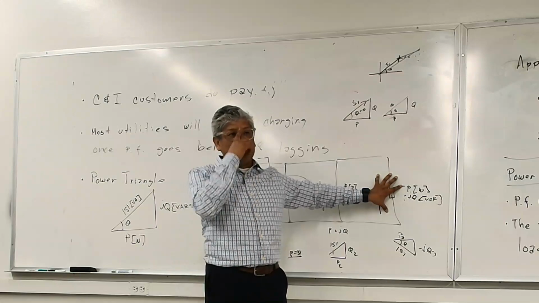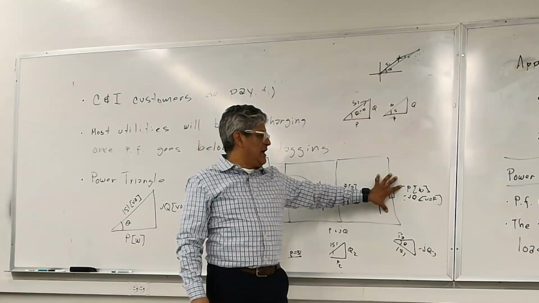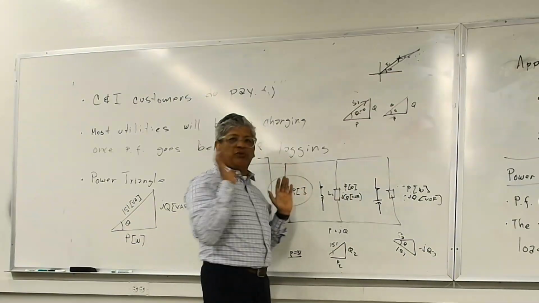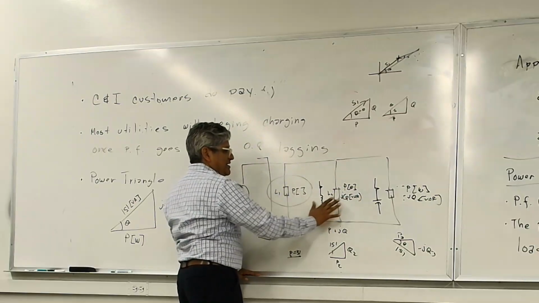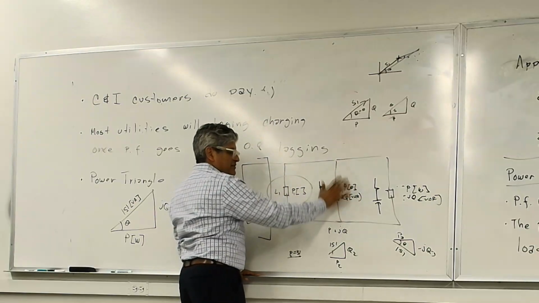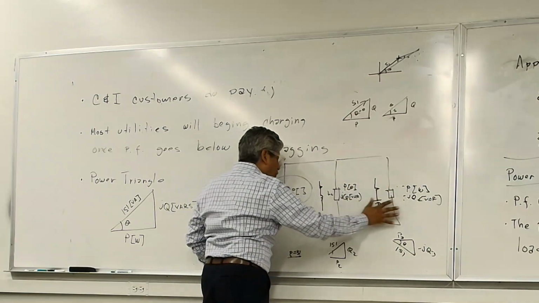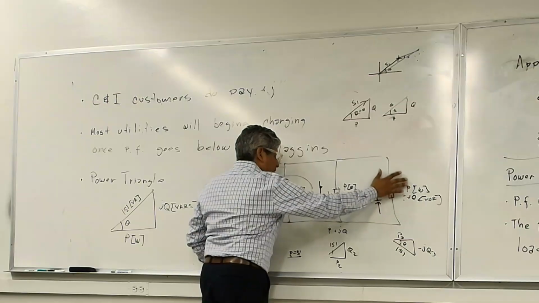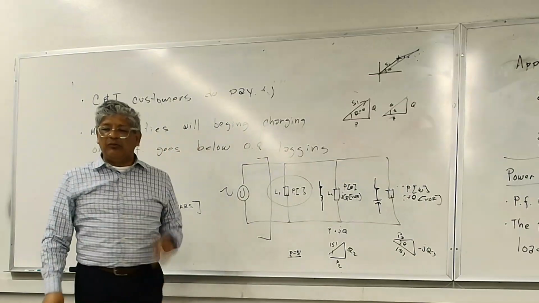And we'll talk about this, because there's such a thing. Most likely, the load is going to be the resistive inductive load. This right here has a whole different function, and we'll talk about that.